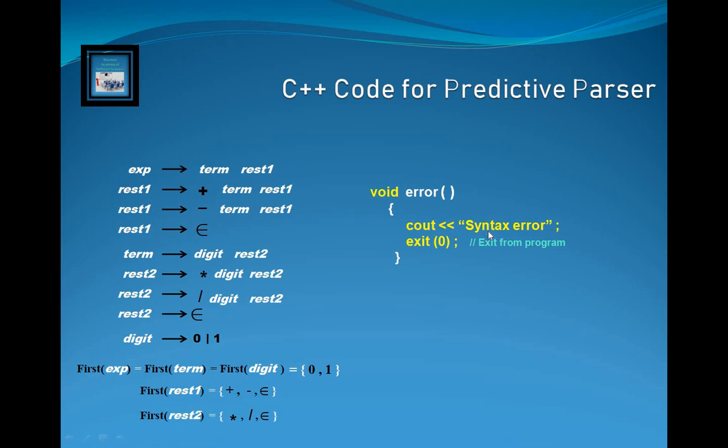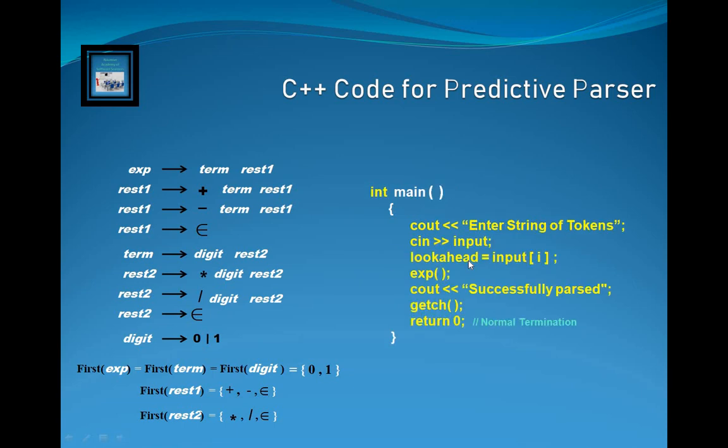In that case the syntax error will be reported and the program will exit. But in case there is no error during the parsing process, then control successfully comes here, and after displaying this message there will be normal termination of the program.